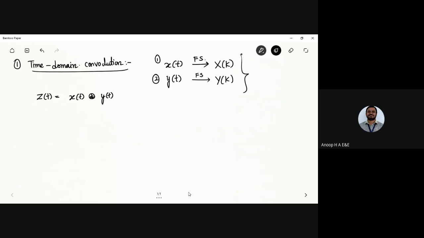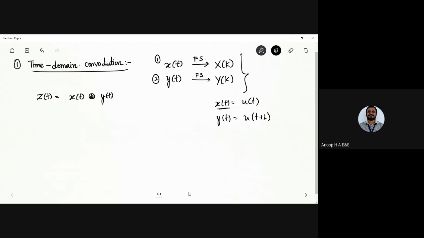For example, you will have x of t as u of t and y of t as u of t plus 2.